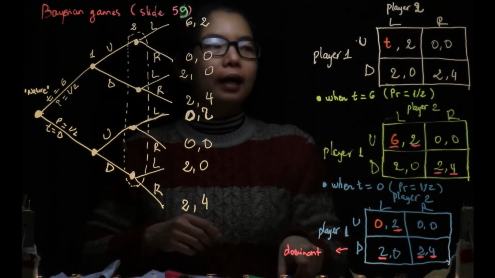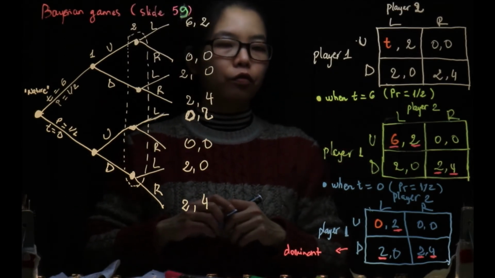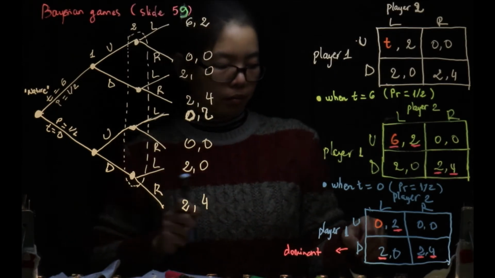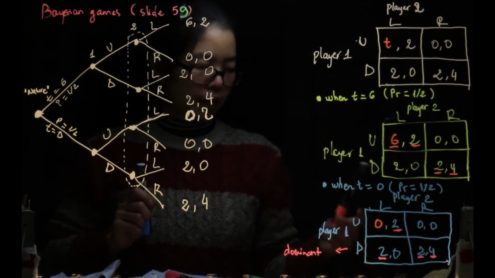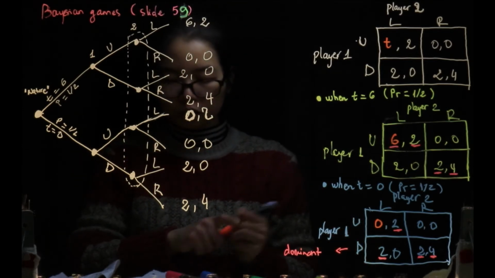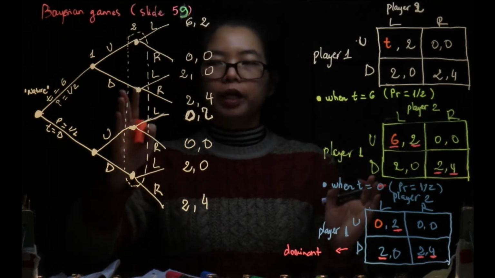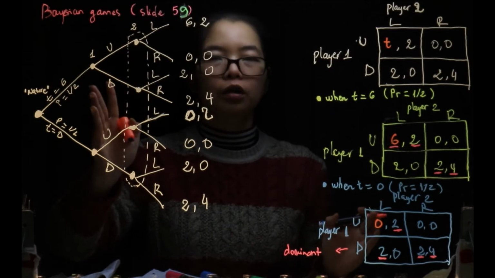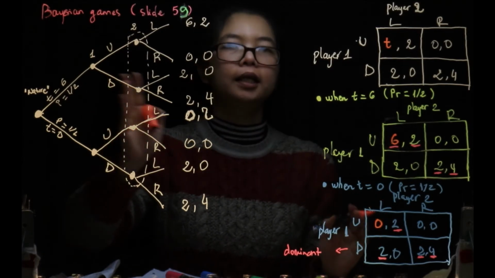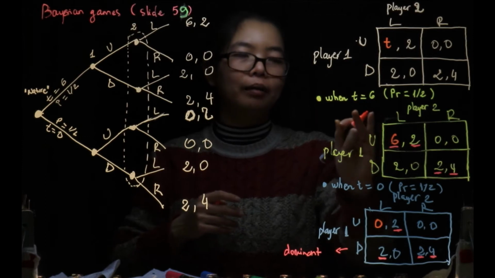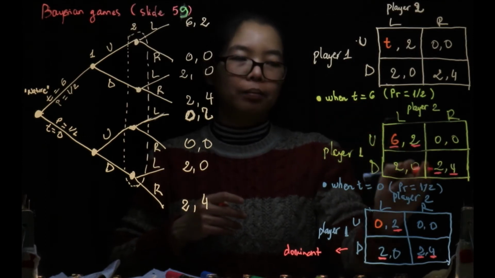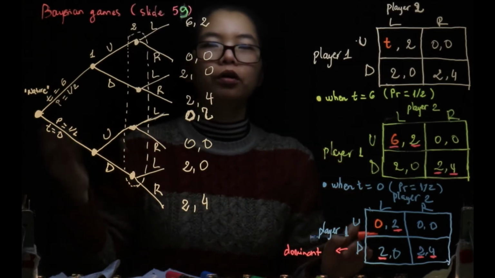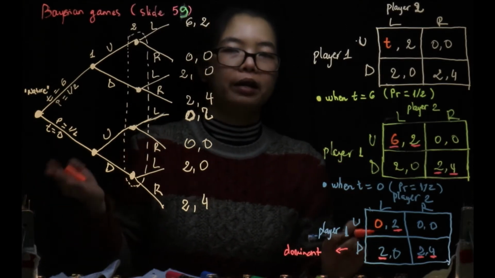So now we identified some candidates for the Bayesian-Nash equilibrium. Remember, the strategy of the first player must be conditional on his type. Conditional means if I'm this type, I play this. If I'm this type, I play this. And you know that already from the sequential game of the battle of the sexes.